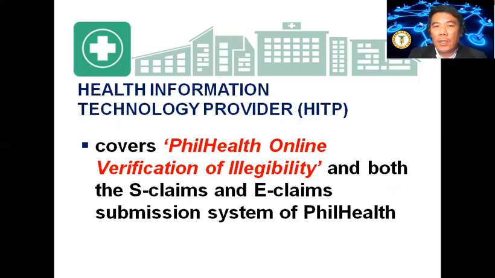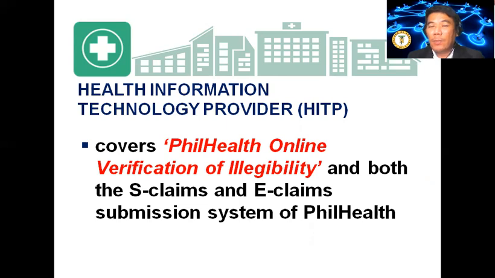Let's correct the spelling. Eligibility of the client when it comes to the access of information of his or her status on the PhilHealth contribution. And the PhilHealth online verification of eligibility is to validate both paper claims and electronic claims.